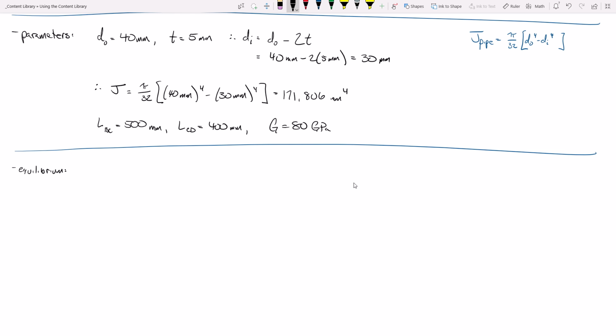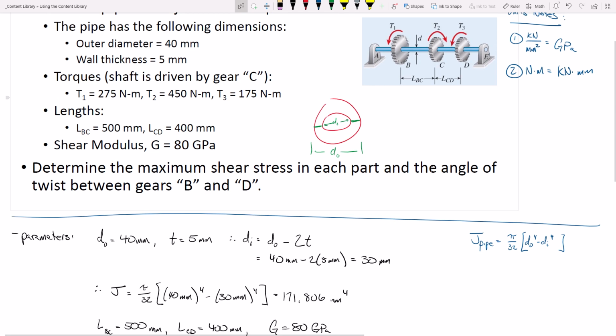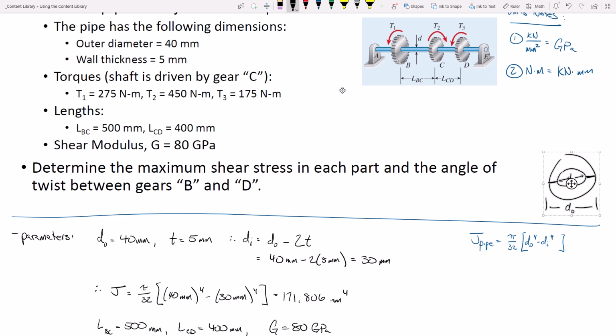All right, let's talk a little bit about equilibrium. I'm going to idealize here. Let me move this over here. So here's the shaft.